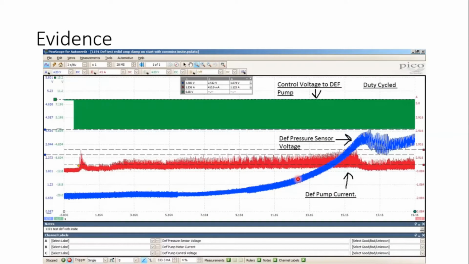Now if you notice how when it starts to get up at the peak pressure, it's really hashy, okay? And notice that the pump current went up and then it dropped down, okay? So the pump current went up, and when that happened, it's building more pressure because the pump motor is squishing that fluid, and it's slowing the motor down, and that makes the current of the motor go up.